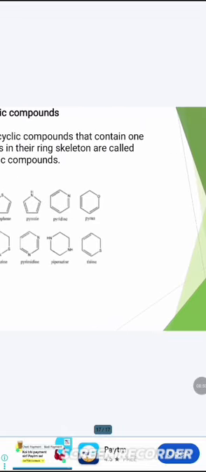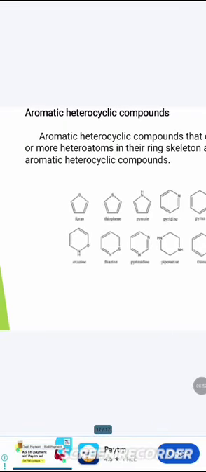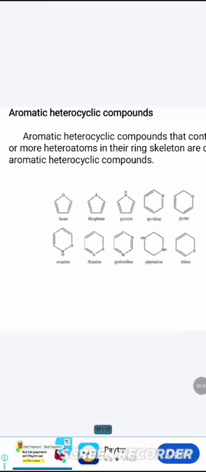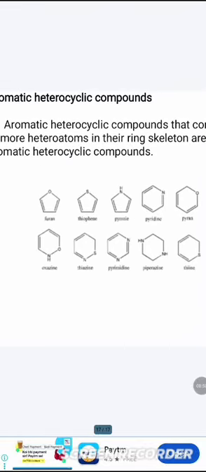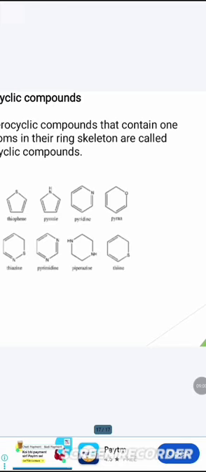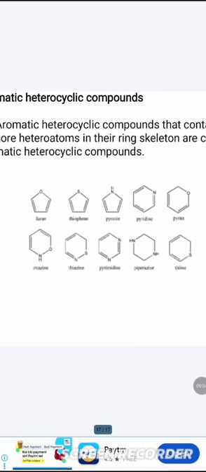These are aromatic compounds that contain one or more heteroatoms in their ring skeleton. For example, the heteroatoms sulfur, nitrogen, etc.